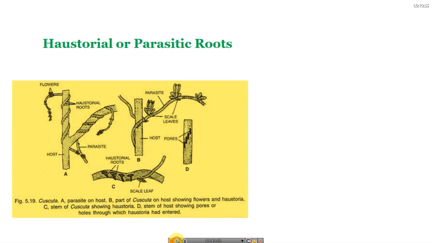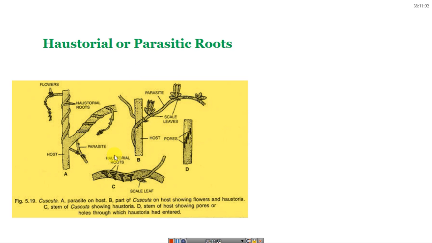There are some adventitious roots that help parasitic plants to absorb nutrition from their host plant. Like in this case, we are seeing the example of Cuscuta, also known as Amarbel. This Cuscuta is a non-photosynthetic plant that absorbs all its nutrition from its host.